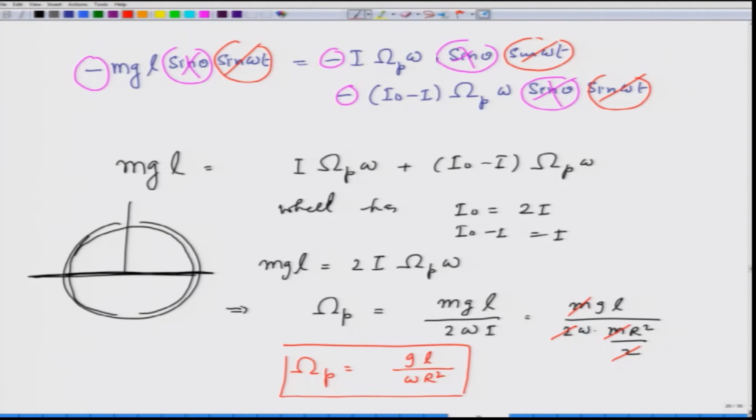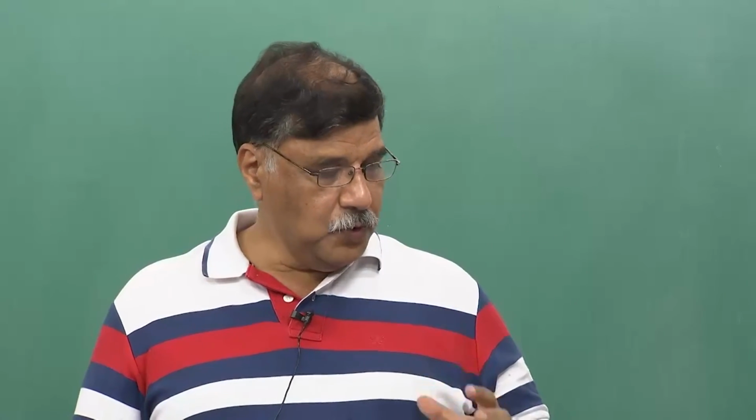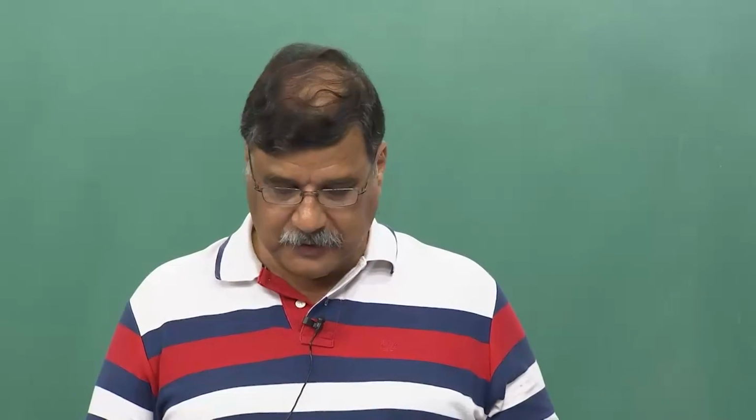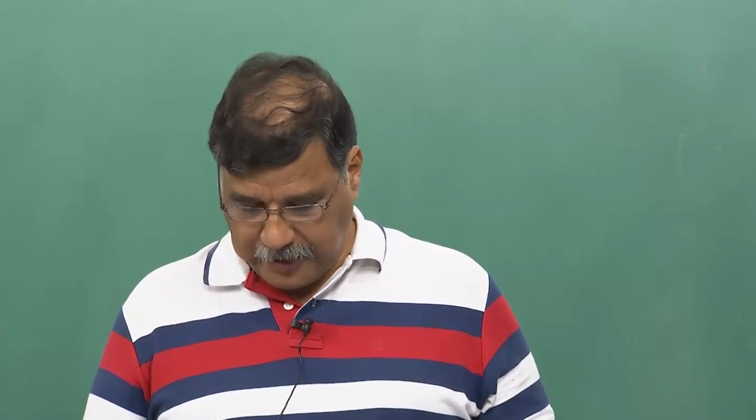So, again you see, while doing this problem, what we did was take explicit care of saying how the principal axes are rotating, and therefore omega, the component along them, had a time dependence.